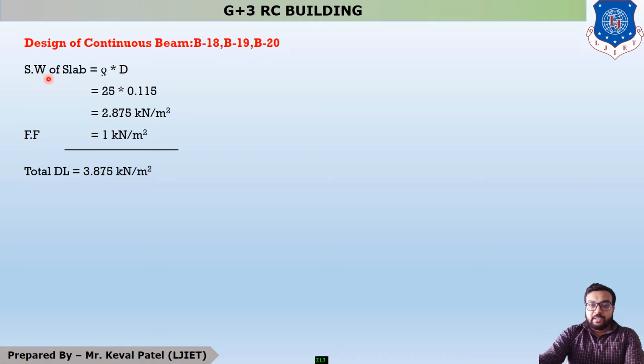So the self weight of slab is rho into capital D, so the density of concrete is 25 into capital D, so it is 0.115, because 115 mm is the thickness of slab. So students, our answer for self weight of slab is 2.875 kilonewton per meter square.